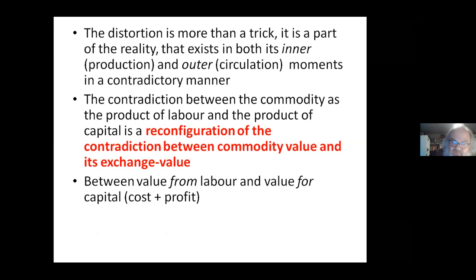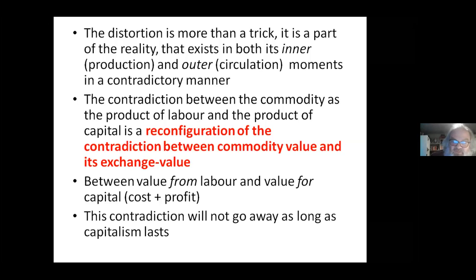The reason is that in a capitalist mode of production, where capital dominates labor, value is drawn from labor, but it's value for capital. The commodities are a means of expansion of capital, and it's that which dominates. This contradiction will not go away. It's inherent in the capitalist mode of production.